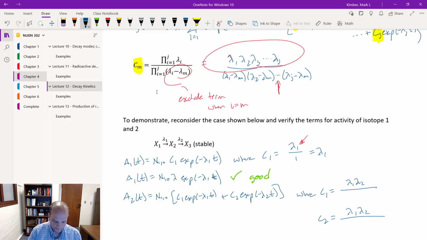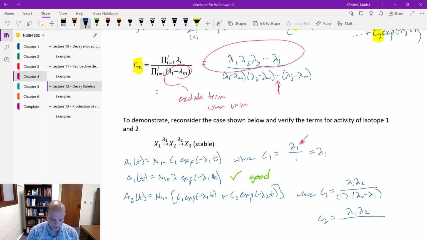I have 2 terms in the denominator that I'm going to be looking at. I would have lambda 1 minus lambda 1, which would be 0, but again I'm ignoring that, so I replace that with just a value of 1. That's representing my lambda 1 minus lambda 1. And then I have lambda 2 minus lambda 1.